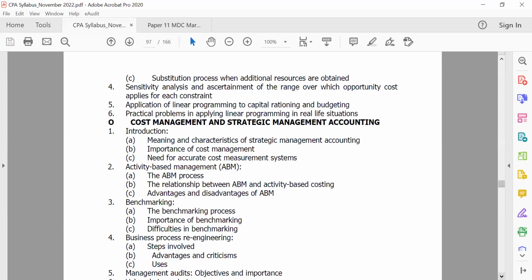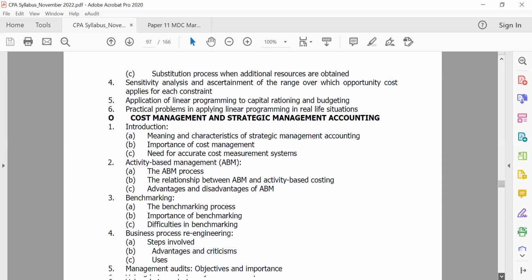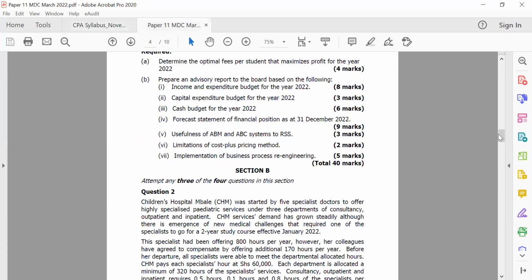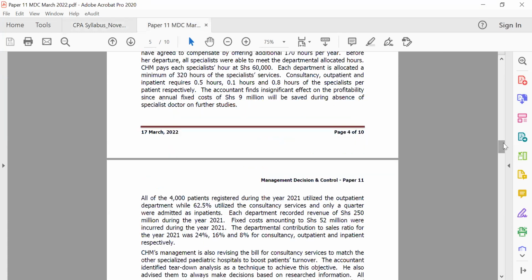But for most things, the examiner will set questions which are a bit detailed, which are case studies and so on. So when you look at some of these past papers, they help you build your confidence at the end of the day.